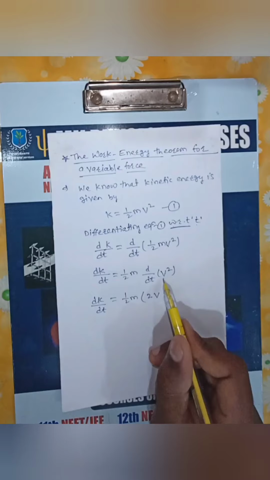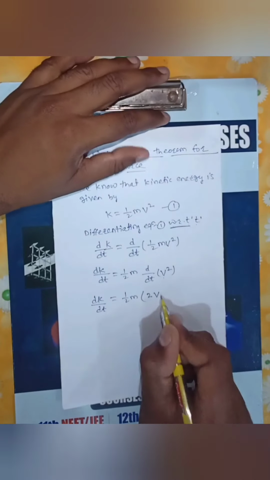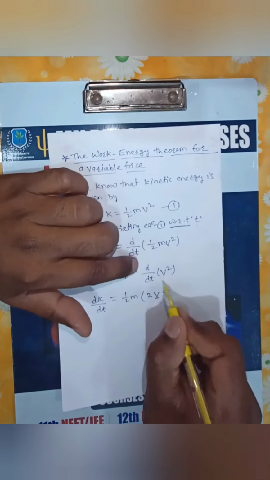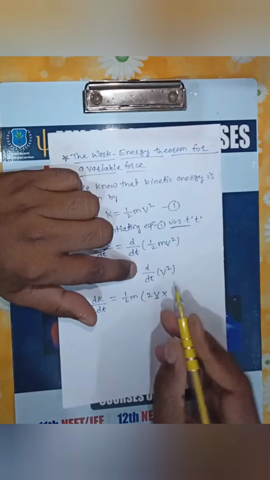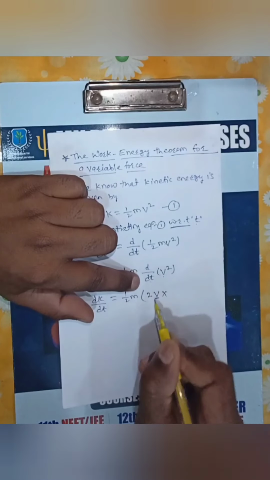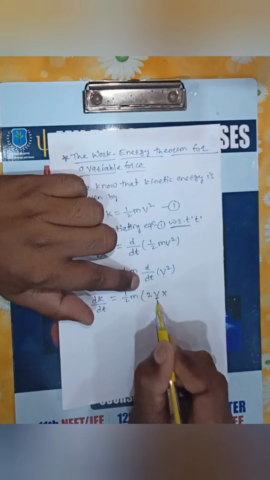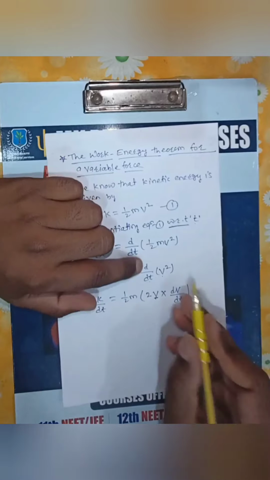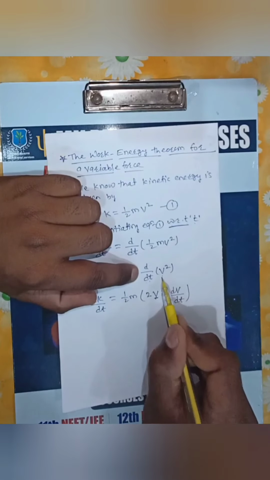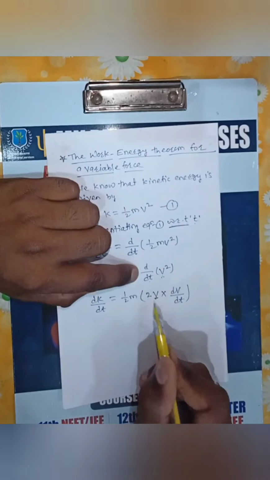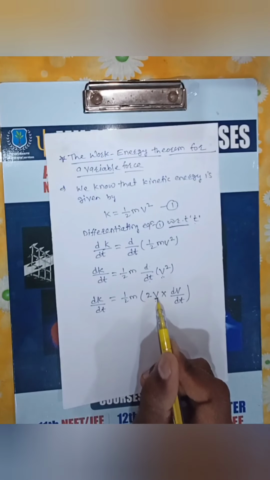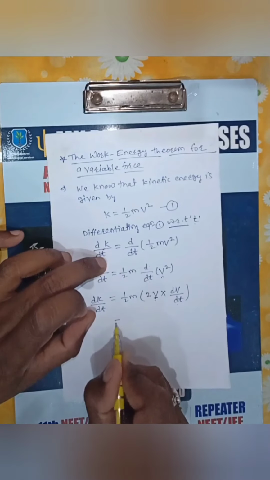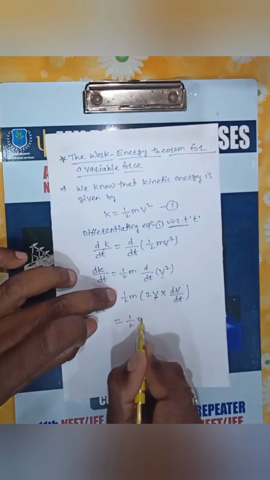Then again we have to differentiate this v with respect to t, that is dv by dt. So d by dt of v square is 2v into dv by dt. Now this is equal to half into m.